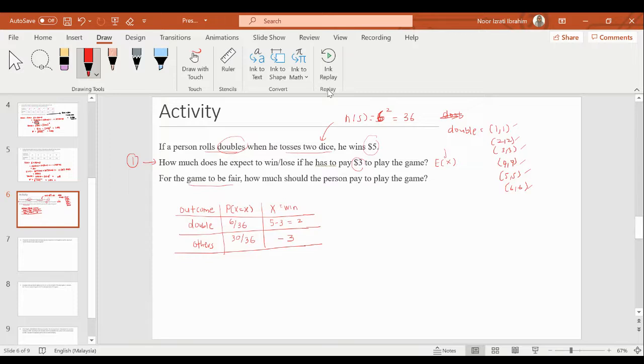And this gives us the X and the probability to calculate the expected win or lose, because our X is the cost, whether win or lose. So here E of X will be equal to 2 multiplied by 6 over 36 plus -3 multiplied by 30 over 36.